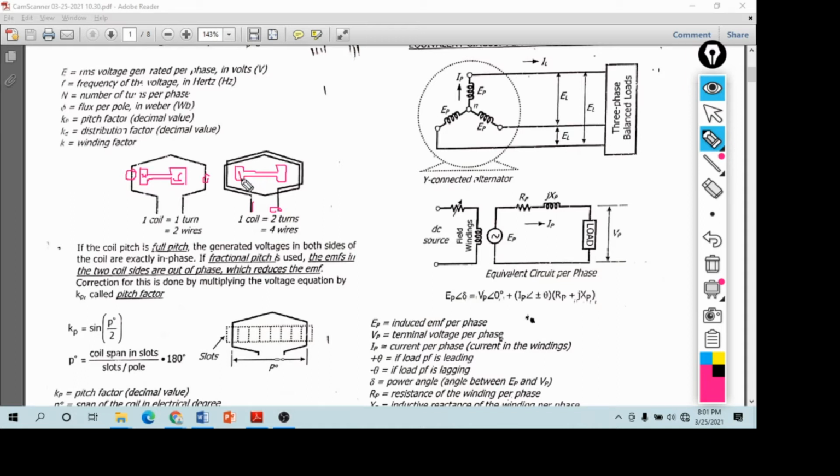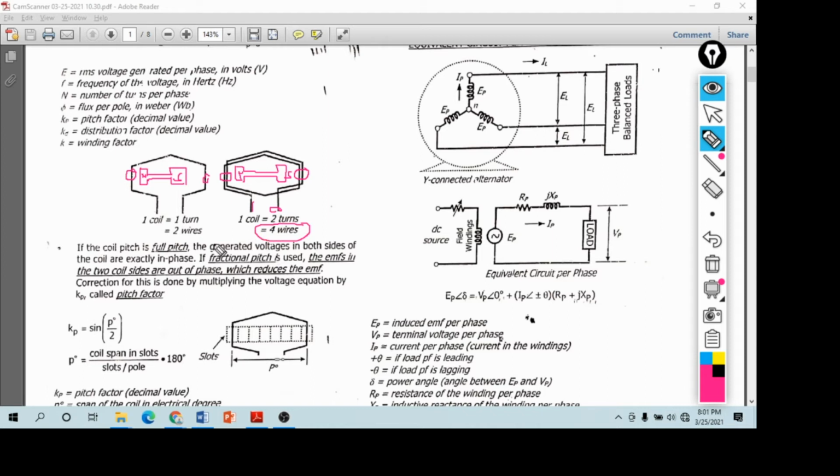So this is north, this is south. As you can see, there are 2 wires that cut the magnetic flux here, and the same also here. That is why there are 4 wires in 2 turns na 1 coil.